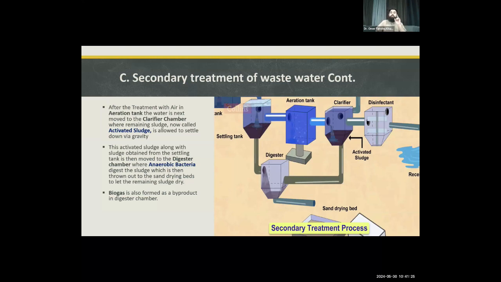So always remember that this digester does not contain oxygen inlets. It does not contain oxygen inlets because we want to grow the anaerobic bacteria.